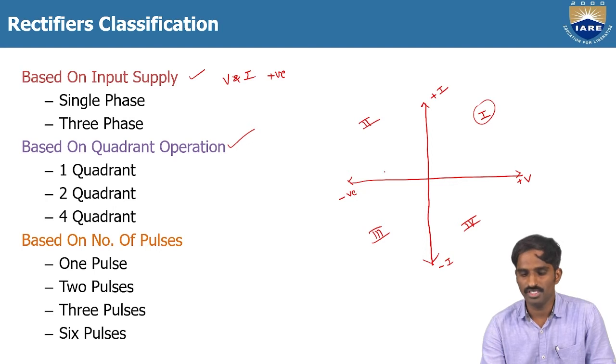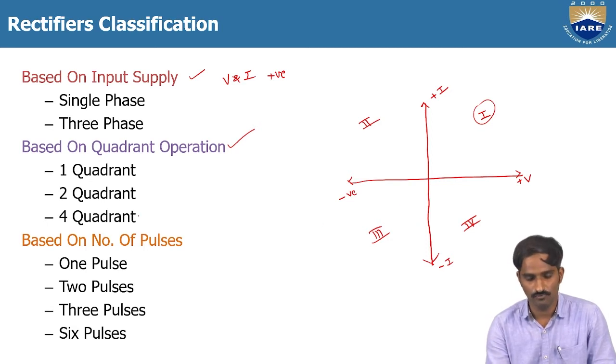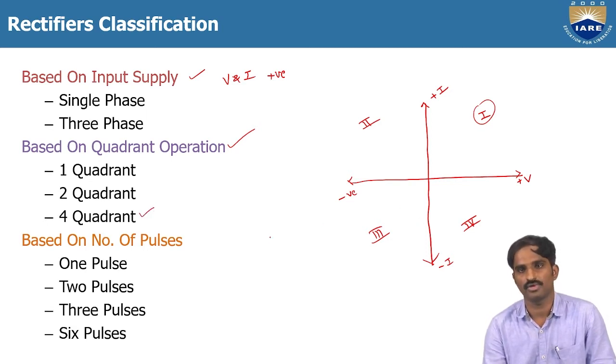If the voltage is negative and the current is positive, then it will be operated in the second quadrant. If both voltage and current are negative, then it can be operated in the third quadrant. And the fourth quadrant, if the voltage is positive and the current is negative, then we can say it is operated in the fourth quadrant. So a rectifier which can operate in all four quadrants is called a four quadrant rectifier.